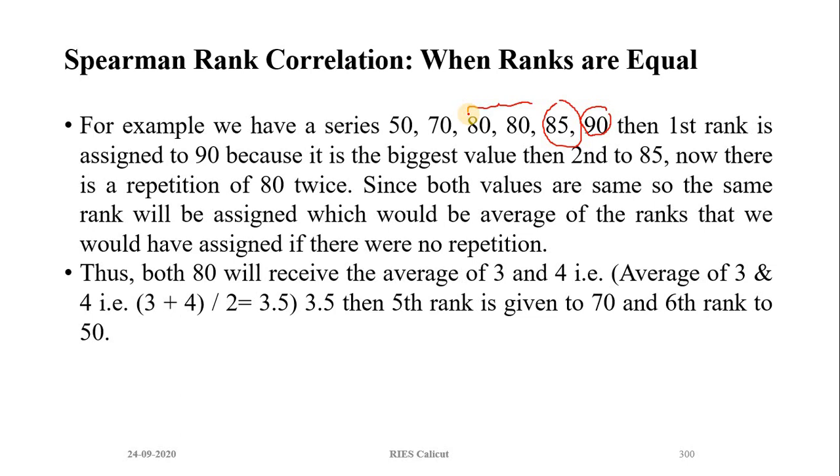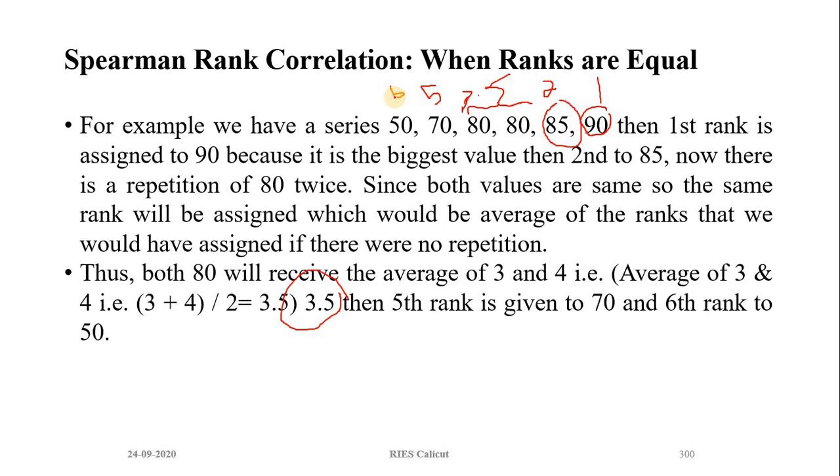Third rank plus fourth rank is seventh rank, divided by 2 it is 3.5. So I will assign the 3.5th rank to both the third and fourth persons. So this is 1, this is 2, and this is 3.5. So 1, 2, 3, 4, the next rank will be 5 and the next rank will be 6.